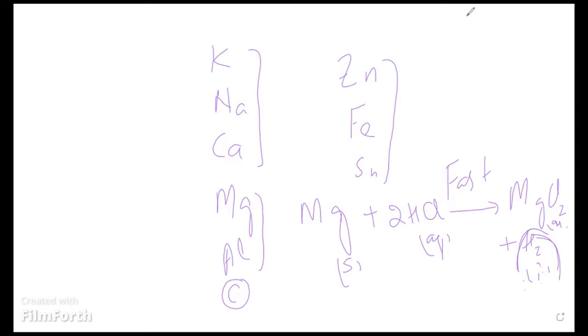Below magnesium, aluminum normally does not show reaction with dilute hydrochloric acid due to presence of a permanent oxide layer on its surface.